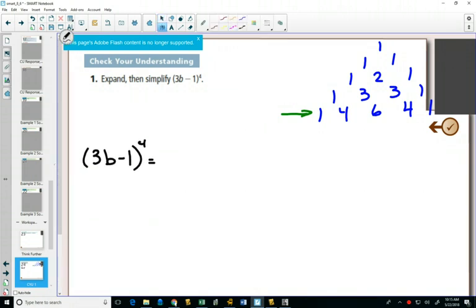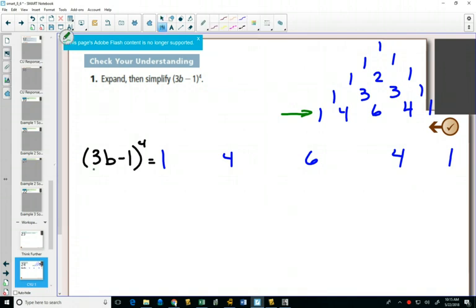In my expansion, I can already put the coefficients 1, 4, 6, 4, 1, and spread them out. Now I'm going to do my first term.